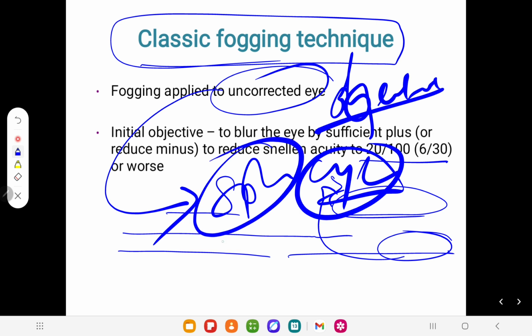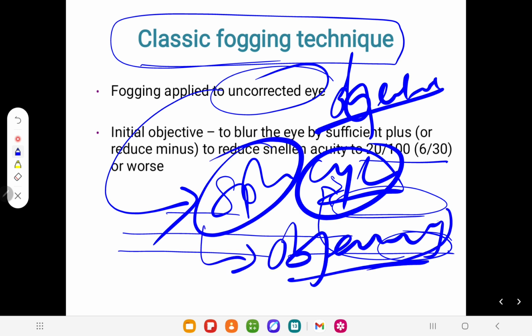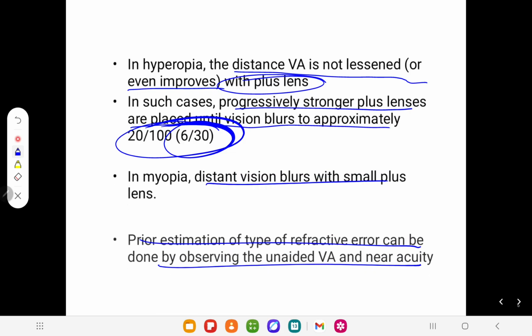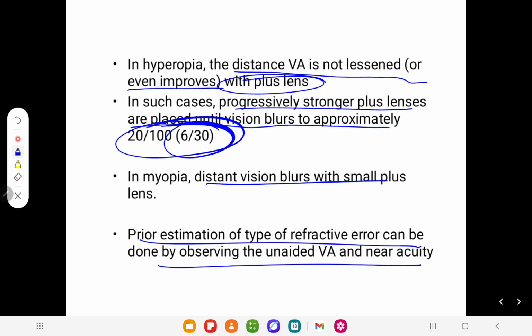That's why the correct objective refraction is so important. Then you go slowly with fogging. So it's always important to do fogging with the correct refraction.